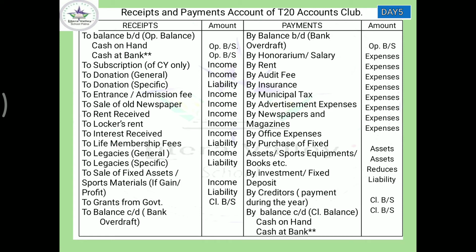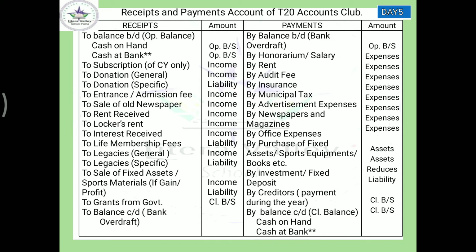I have prepared a different kind of format with the intention that you can locate the items of receipt and payment properly, because for this chapter this is the main area where students don't take the concept properly.